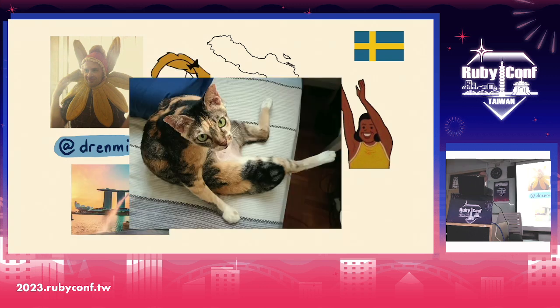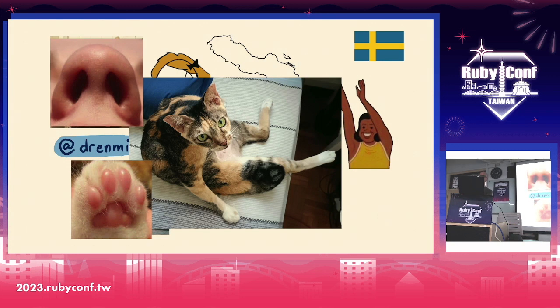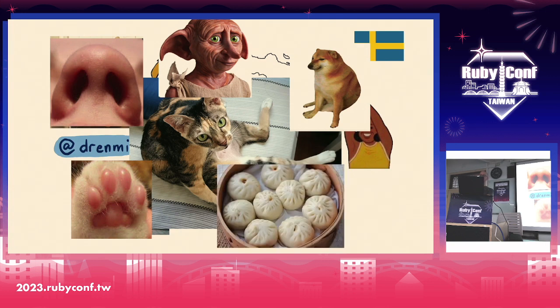The cat's name is Lychee, but she actually has many names, including Tobin, Little Booger, Dobby, Monkey, and perhaps most relevant for today, Longbao, which is something that you definitely should try while you're here in Taipei. It's really a nice thing.